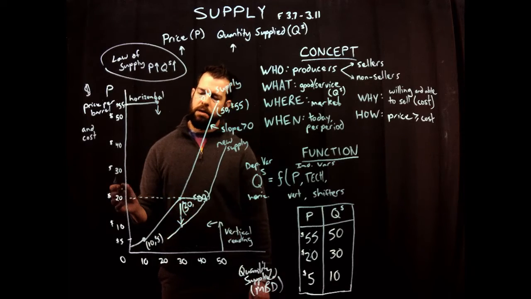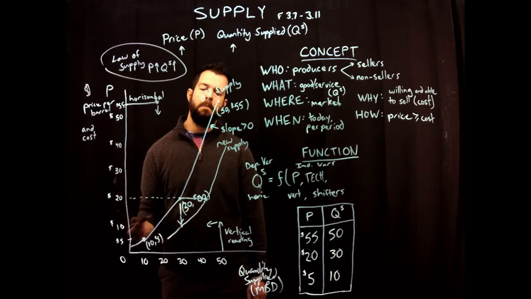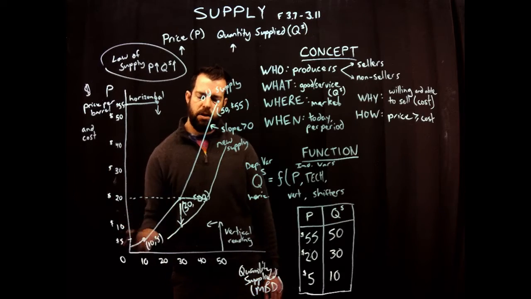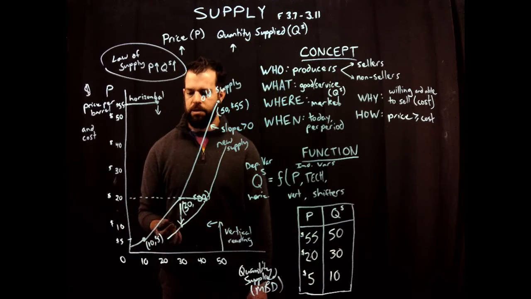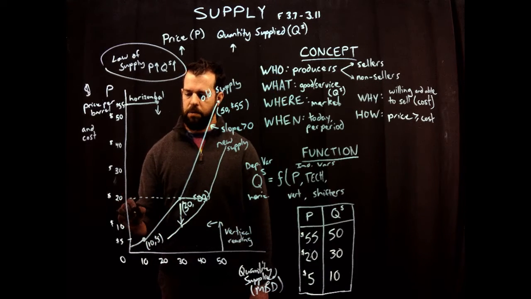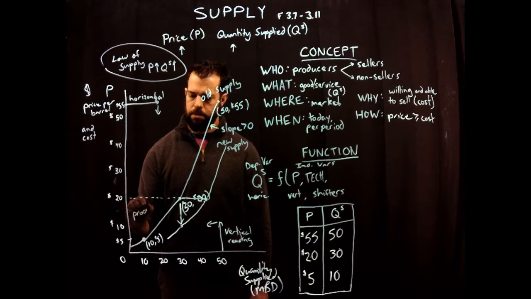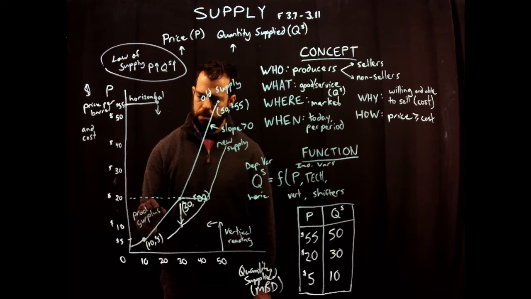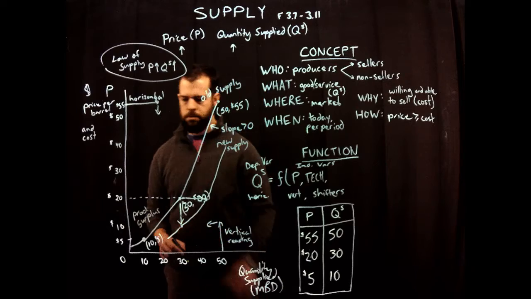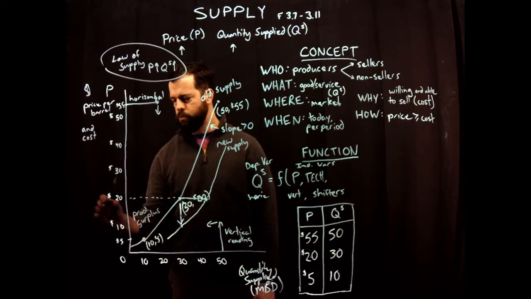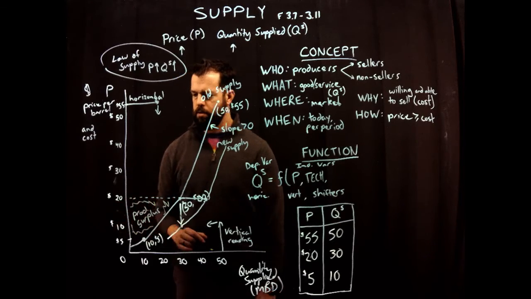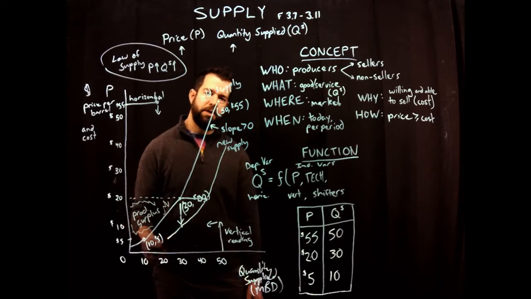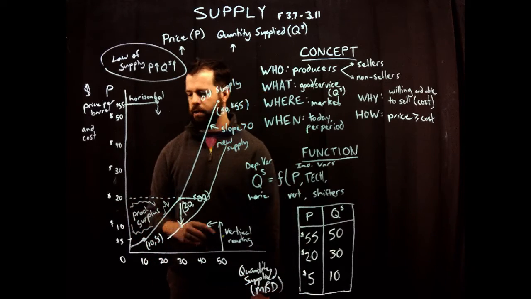So as long as the seller is receiving more than it's costing them to make each consecutive barrel of oil, they're going to keep producing. And so this is going to give us something we call producer surplus. Right, so producer surplus. And that would be the area underneath the price line of what they receive and above the cost, which is actually the y coordinate of this old supply curve here.